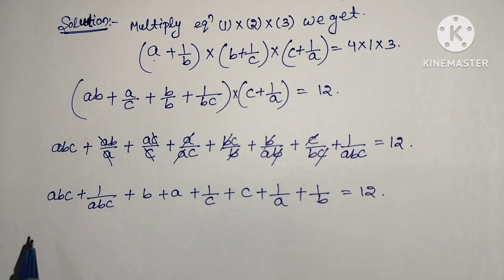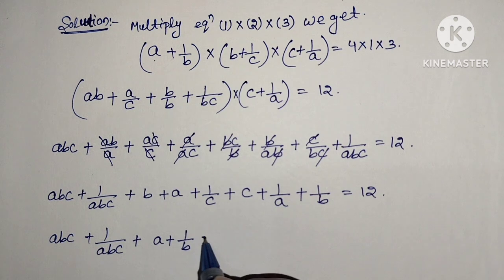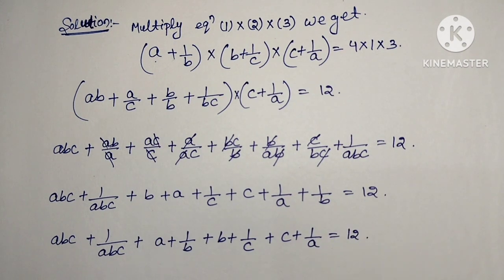Then ABC plus 1 by ABC plus A plus 1 by B, because we know the values of A plus 1 by B, we'll be pairing B plus 1 by C, C plus 1 by A is equal to 12.